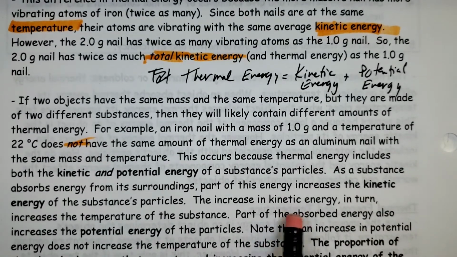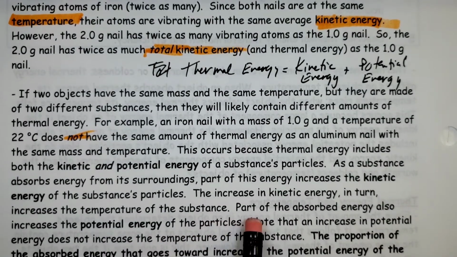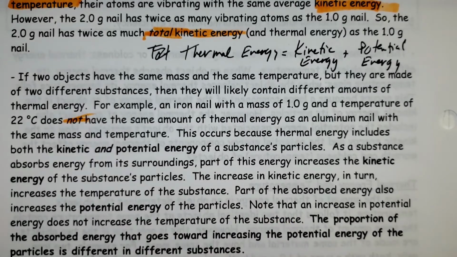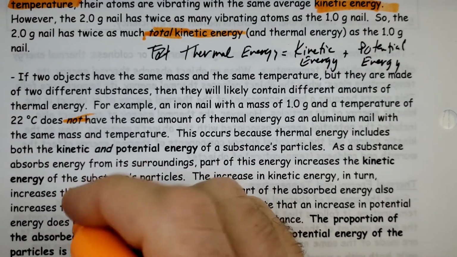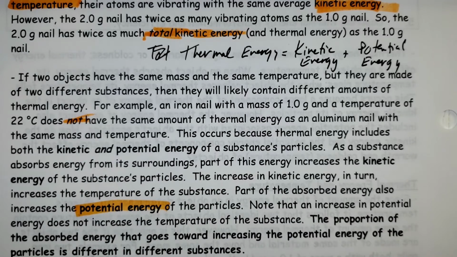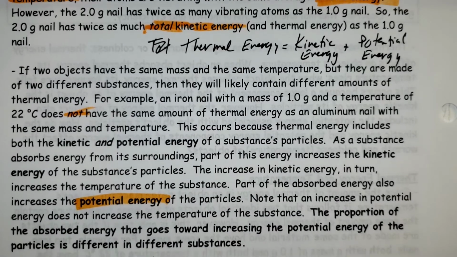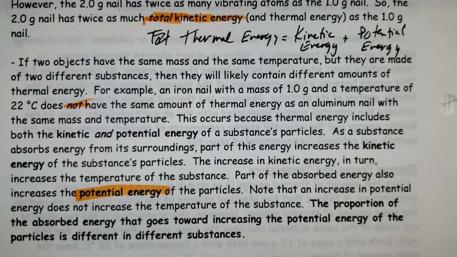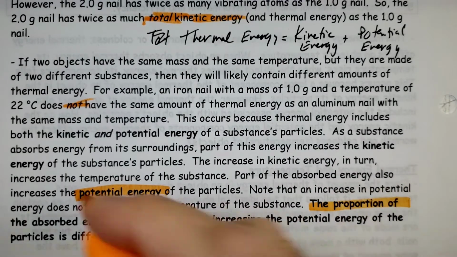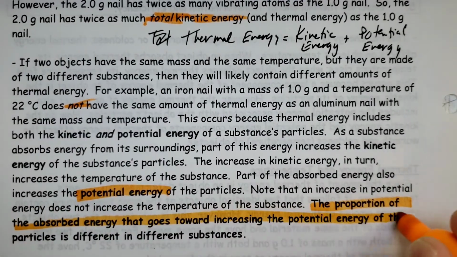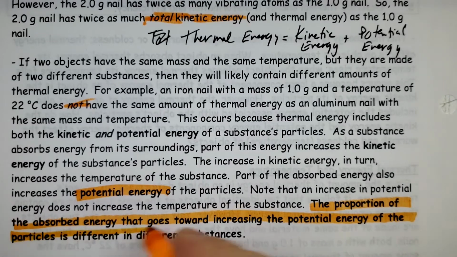The increase in kinetic energy in turn increases the temperature. Part of the absorbed energy also increases the potential energy of the substance. Note that an increase in potential energy does not increase the temperature because it's increasing the amount of stored energy. The proportion of the absorbed energy that goes towards increasing the potential is different.